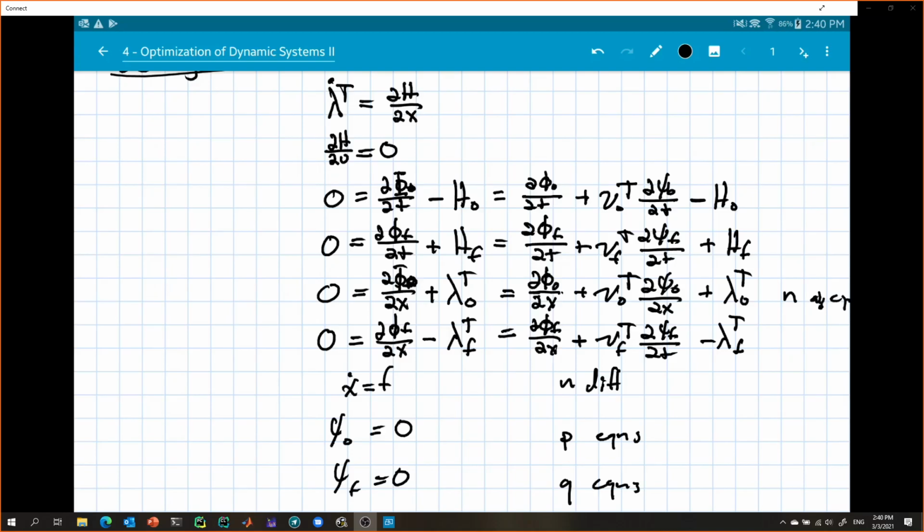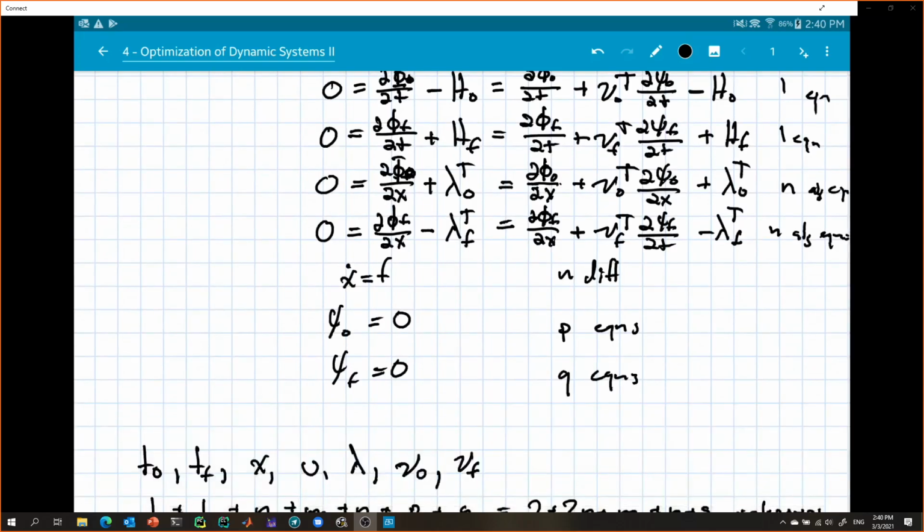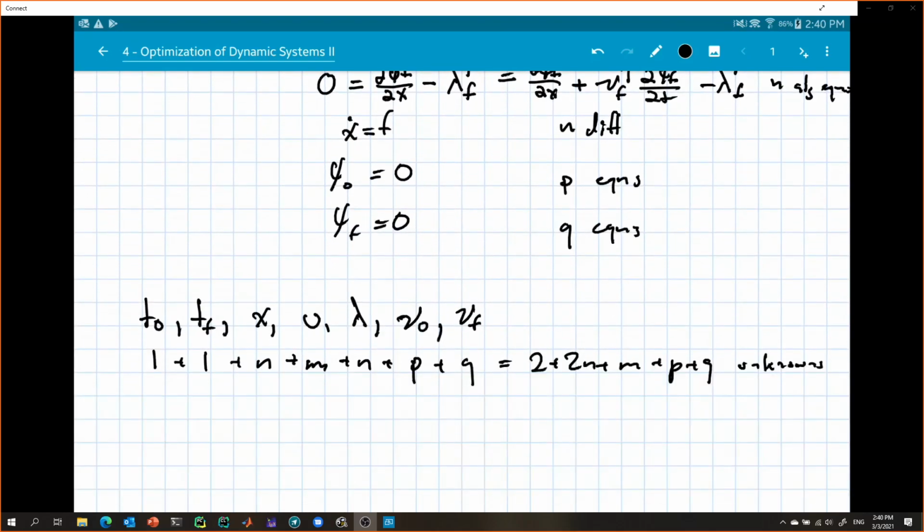And then here are n differential equations as well. But luckily here, well not luckily, but planned, here are n algebraic equations. And then here are m algebraic equations. And then here is one algebraic equation. And then here's another algebraic equation. So we have everything that we need.